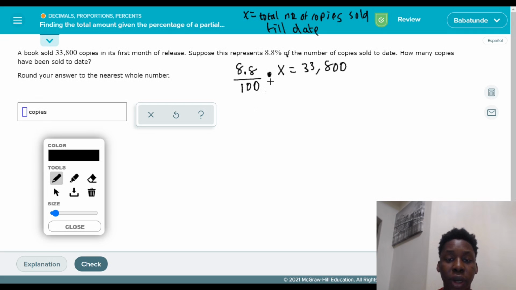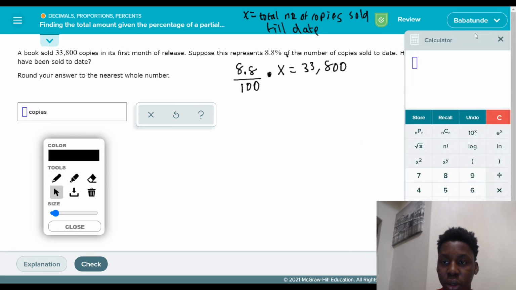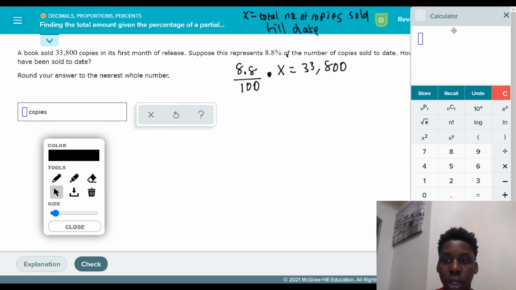To do that, we have to set x alone on one side of the equation. Luckily, we get a calculator to help us out. First, I want to work with this part of the equation. 8.8 divided by 100 is 0.088.